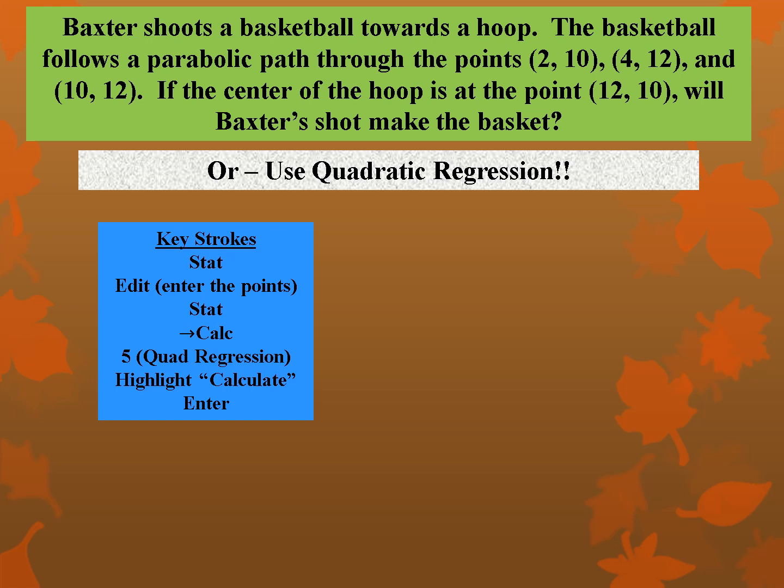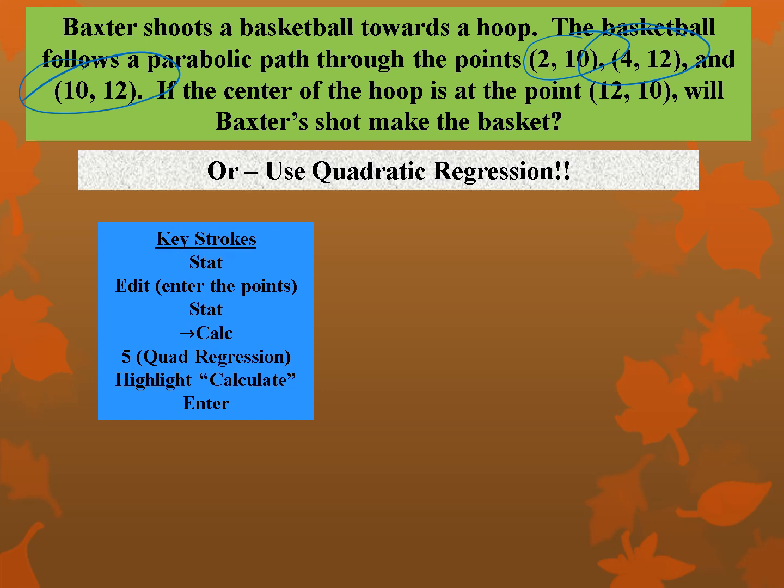For linear regression, you hit your stat key, choose edit, and enter the 3 points above. You don't enter (12, 10) because we don't know if it's on the curve yet. So we enter (2, 10), (4, 12), (10, 12) into L1 and L2.